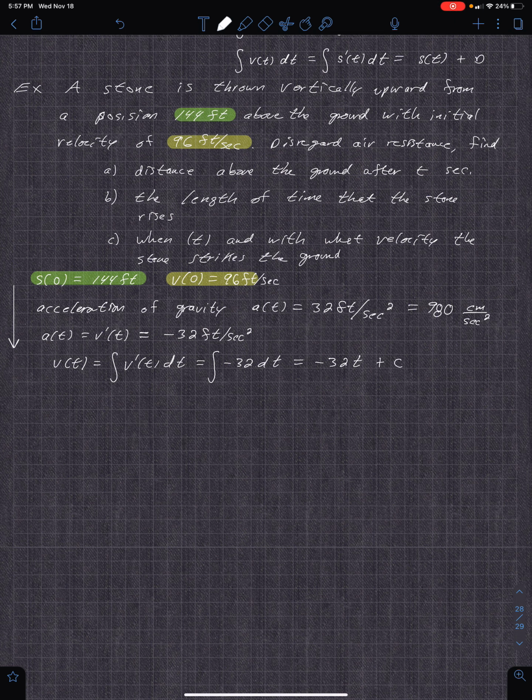And because we have an initial condition given, we can solve for c. So V of 0 is equal to 0 plus c, which is equal to 96. So that implies, or actually you can say equivalent to, c equals 96.